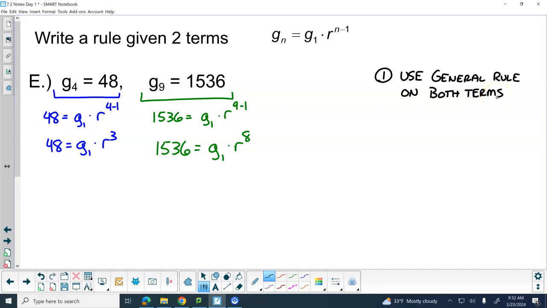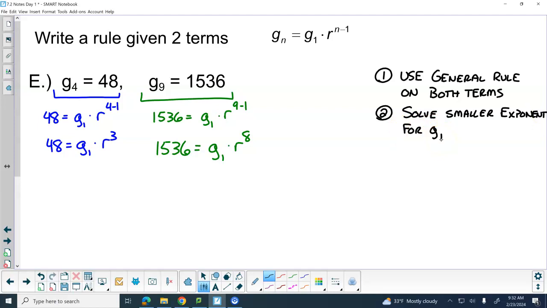Well, first thing you're going to do, you use the general rule in both terms. Second thing, solve the smaller exponent for g sub 1.